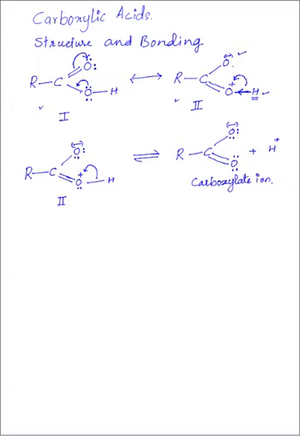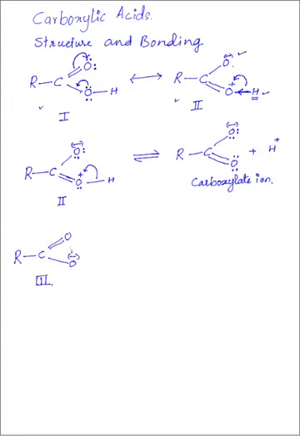This carboxylate ion is also resonance stabilized. So see this carboxylate ion, I will write again C double bond O, and this one is O minus. This is the carboxylate ion. You can say this is structure 3.